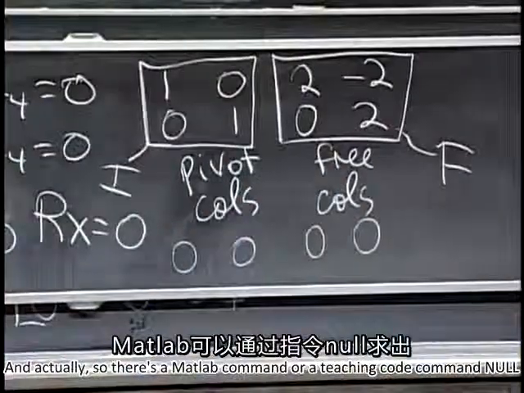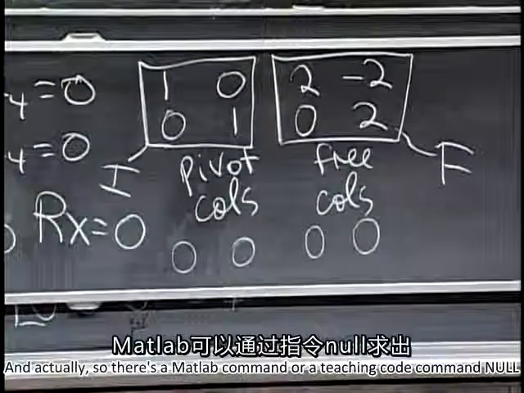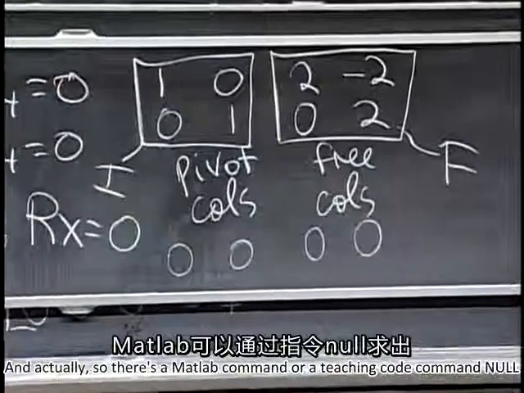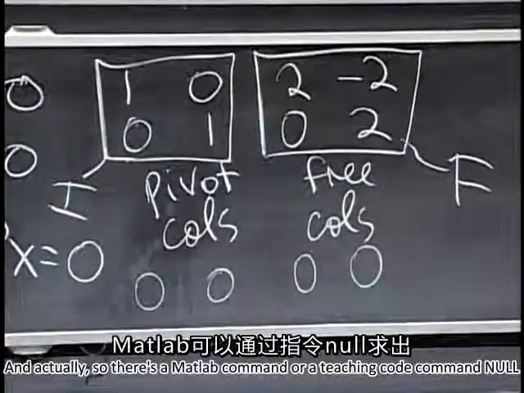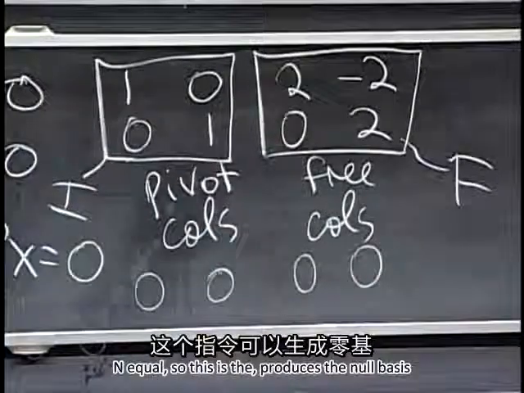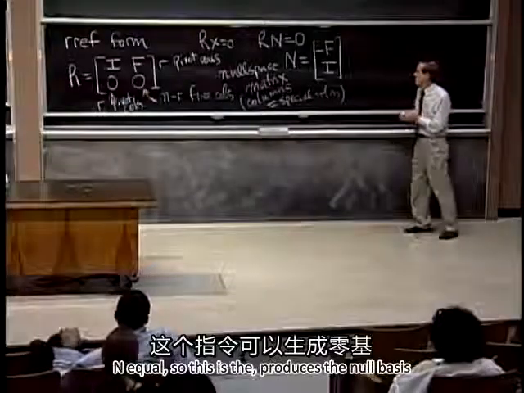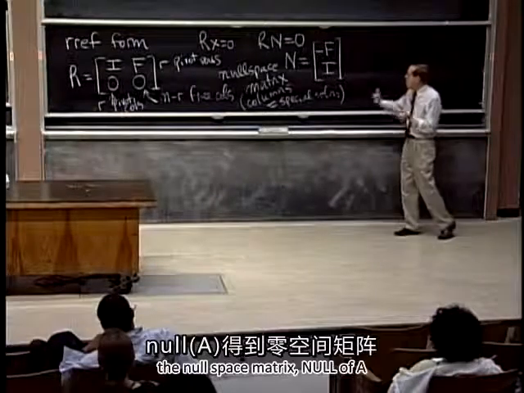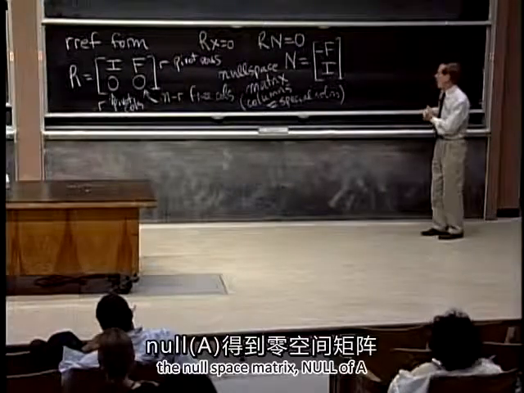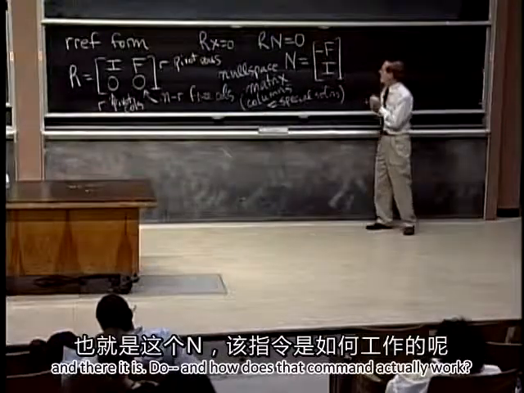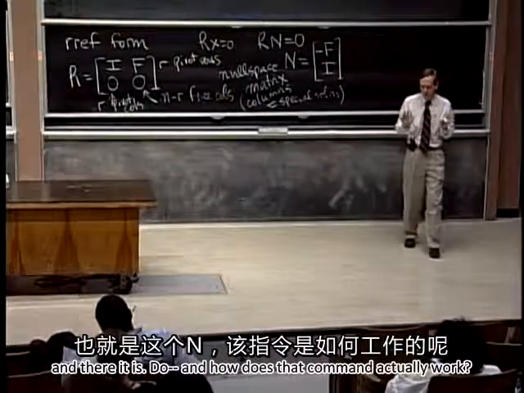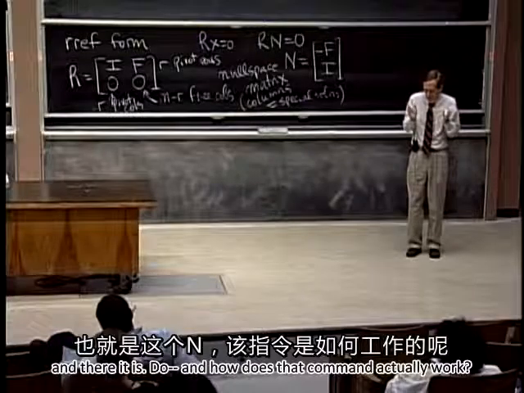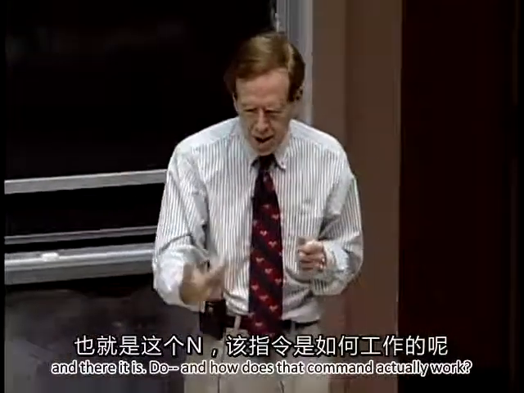And actually, there's a MATLAB command or a teaching code command, null, n equal null of A, which produces the null basis, the null space matrix, and there it is. And how does that command actually work?